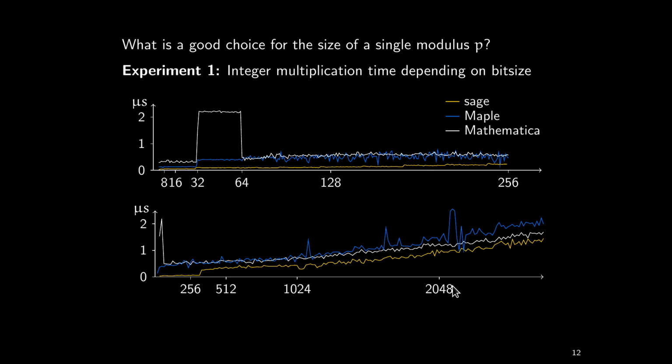But that means, if it's really like this, then it really doesn't make a difference what size of prime we choose, because if we choose 2 primes, we have to do twice the work of a single prime. But if we chose a prime that is twice as long, we also have to do twice the work of a single prime. So it seems that this doesn't give us any clue which size of p is the best.